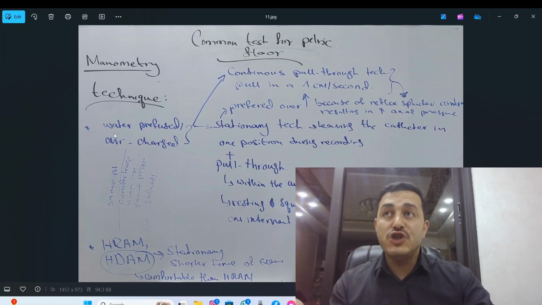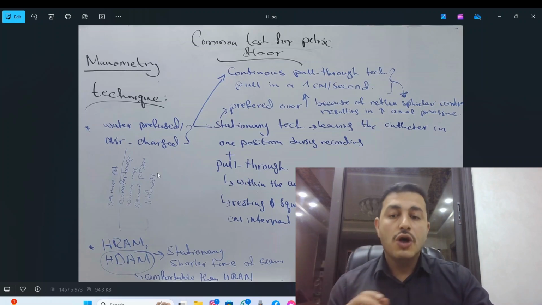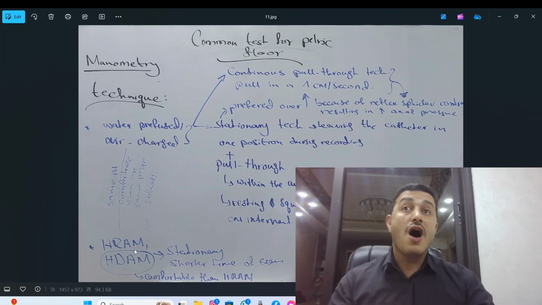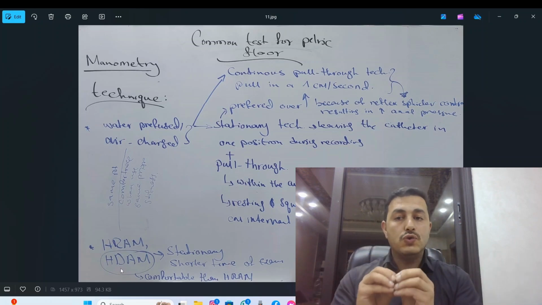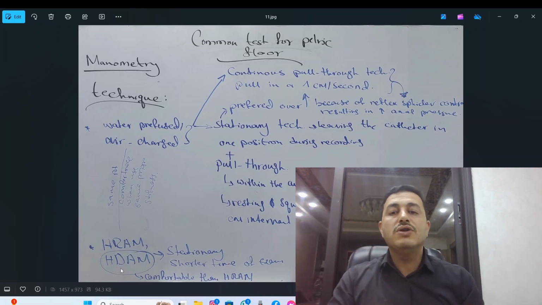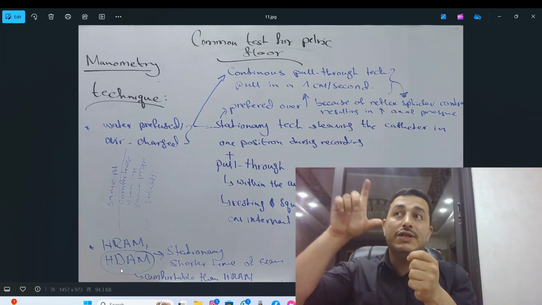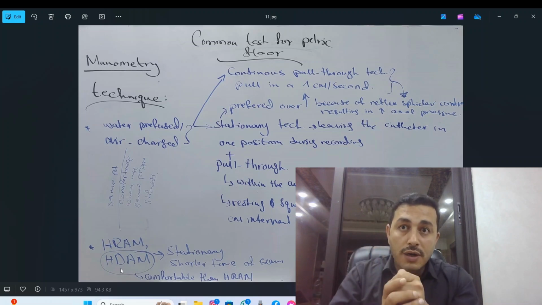Do we use the conventional, the few sensor, the water perfused, the air charged, or the more advanced one, the solid state, the high resolution, the high definition? If we use the first type, water perfused or air charged, we have few sensors. So to detect the pressure along 6 centimeter, we have to pull through.